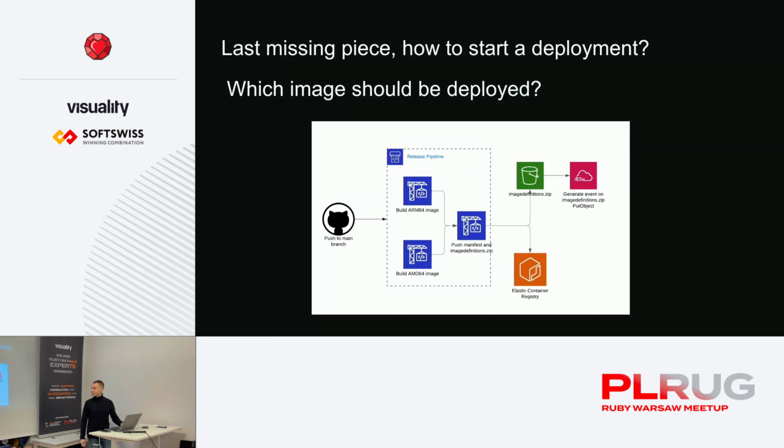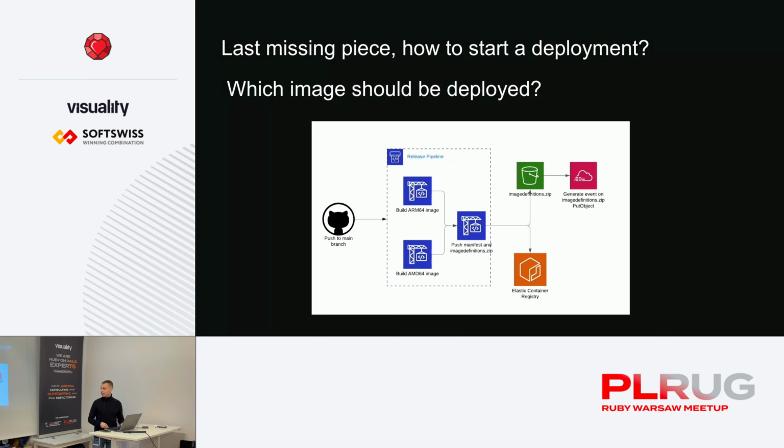Okay, and the last missing piece to see the whole solution is to know how to start a deployment from source code. So typically you have a source code repository and you would like to start a deployment right from there. In this example, a push to the main branch would send a webhook to AWS, and this would start a release pipeline.